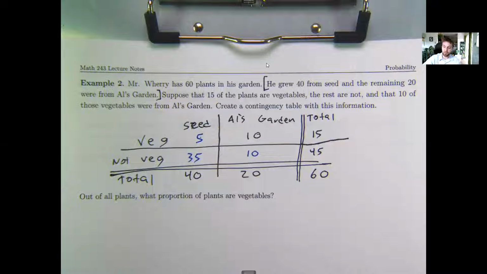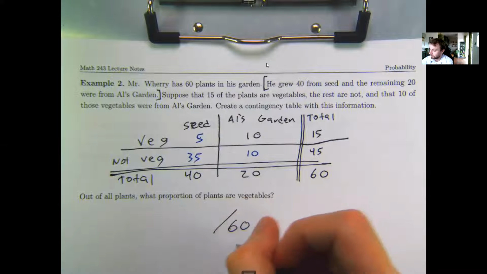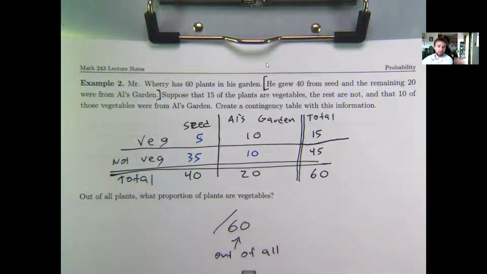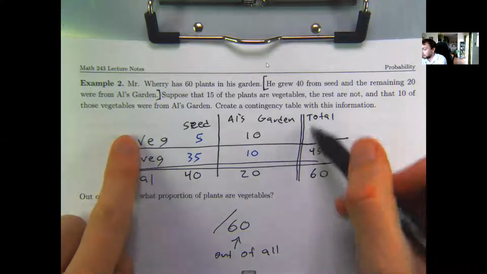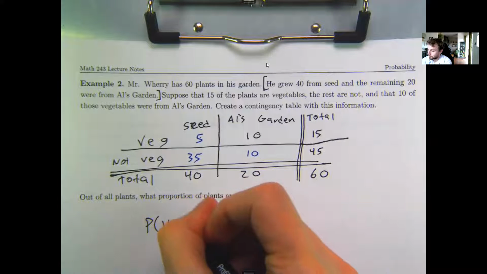A couple questions that you might want to know about this. Let's kind of break it up for the different subgroups. We're learning how to look for relationships. Out of all plants. So this is out of the 60 plants. What proportion were vegetables? Well, 15 out of the 60 were vegetable.